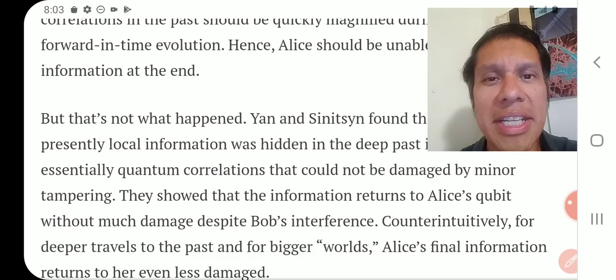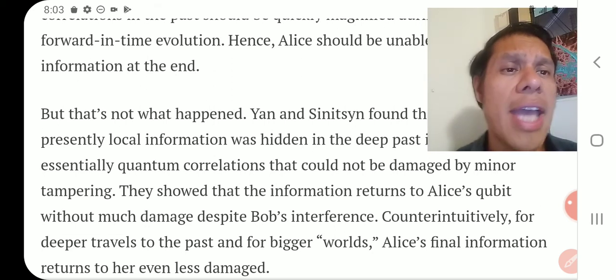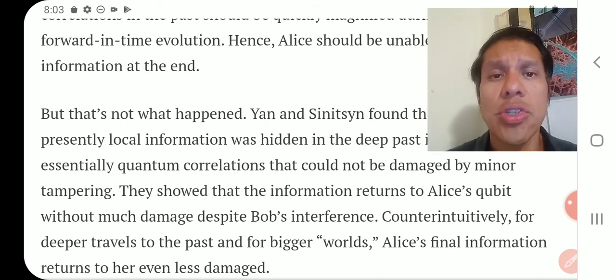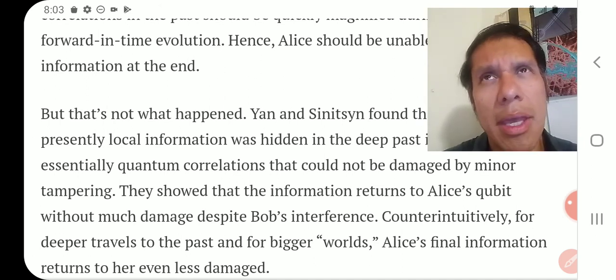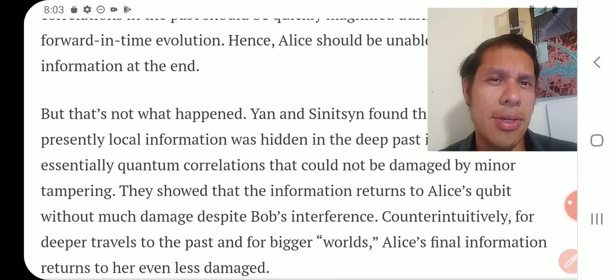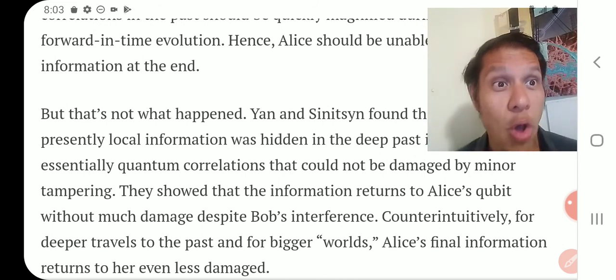Counterintuitively, for deeper travels to the past and for bigger worlds, Alice's final information returns to her with even less damage, right? Well, it is not so counterintuitive if you remove the idea of cause and effect, right?